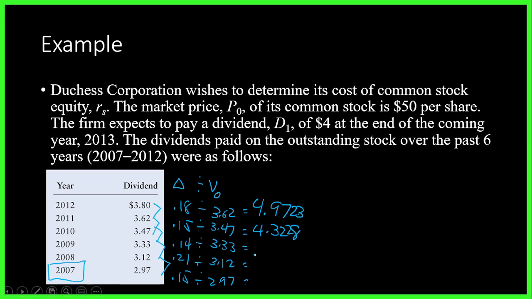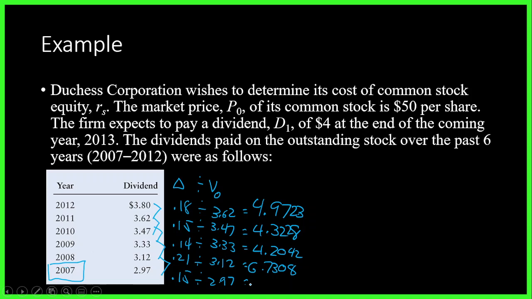Sige, round off natin. And then you have 0.14. Divide this by 3.33. You have 4.2042. 0.21 divided by 3.12. Tapos iba pala yung lalabas. Pahiya na naman ako. 6.7308.